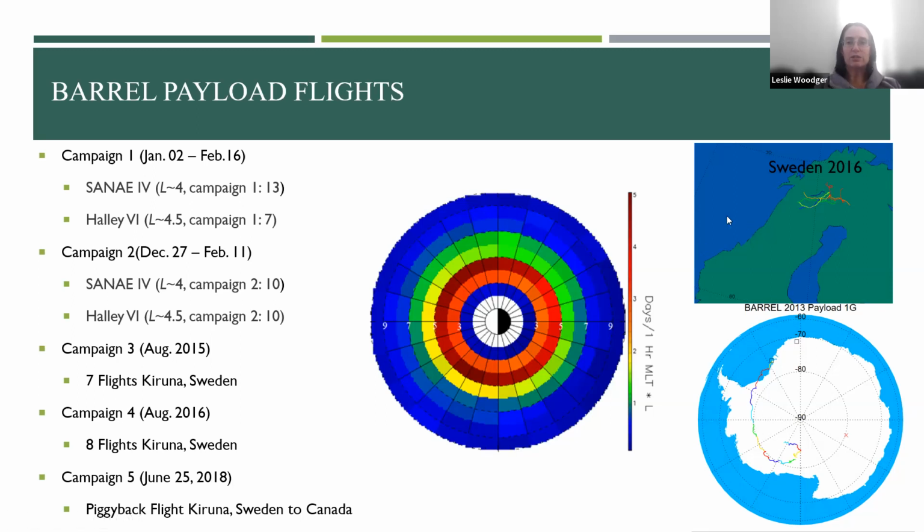So there's a little image over here of the Sweden balloon trajectories. In Antarctica, those balloons were deployed and terminated and were not recovered. Our data was telemetered through Iridium satellite data transfer, not onboard data storage.